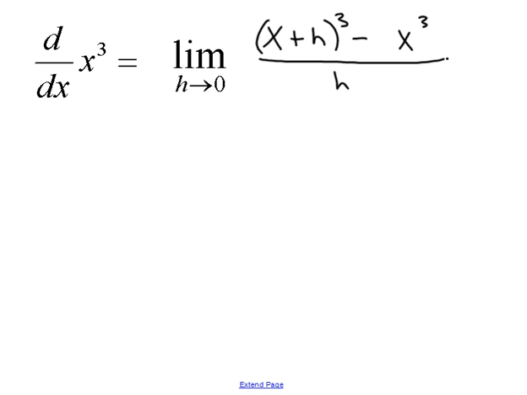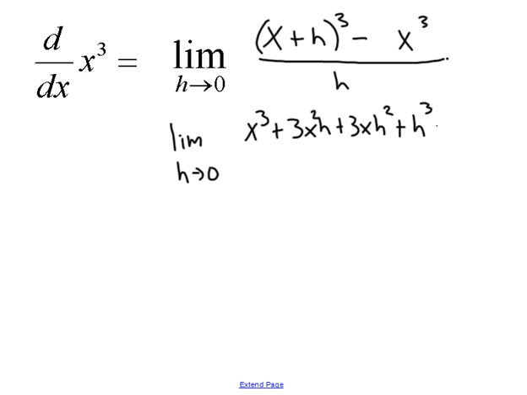Okay, so I do x plus h quantity cubed minus x cubed over h, and we can FOIL that through and distribute, or we can use Pascal's triangle. It's easy. We FOILed some cubes last chapter, so hopefully we've got that down.